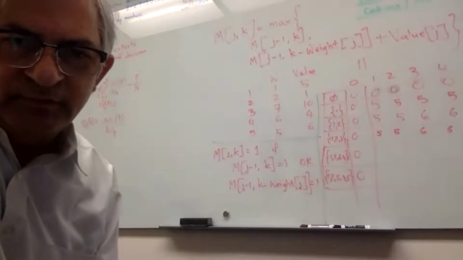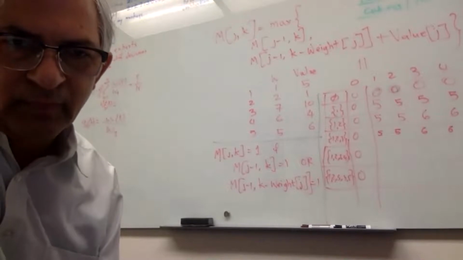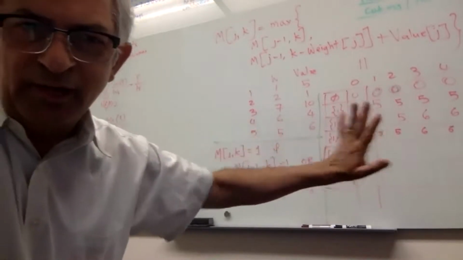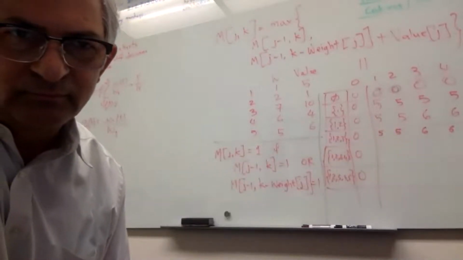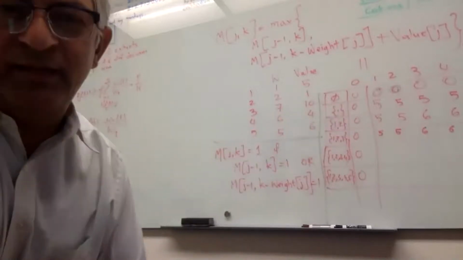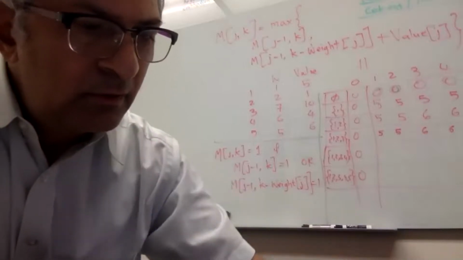Did that make sense? Yeah. So if I did that here, I can pretty much figure out any entry in this matrix. And you can apply this properly and check that your calculations are correct.